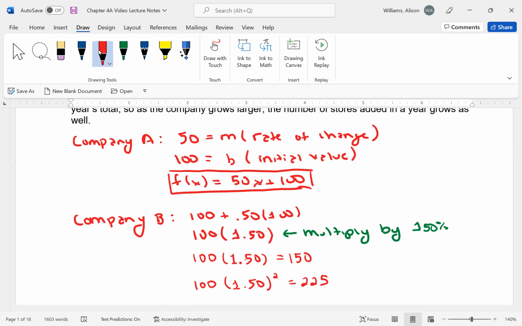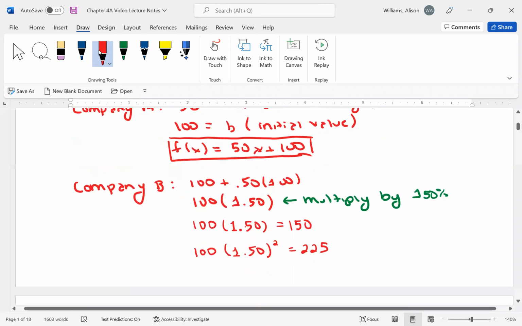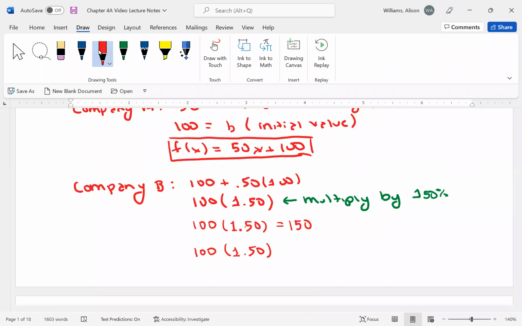And if I multiply that result again by 150%, maybe I should have written it like this. Excuse me. I'm taking this right here, and I'm multiplying it by 150% again, whatever that comes out to, multiplying 150% again. So that's the increase again.